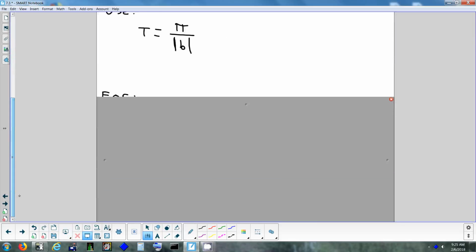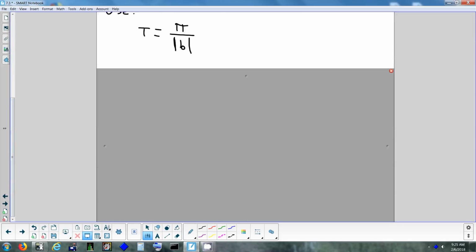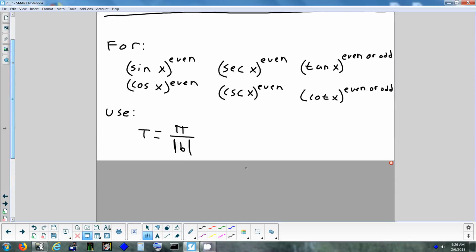And b is the coefficient of x. It's the number in front of x. In what I've written here, all the coefficients are 1s. So for any expression that fits the patterns up above, use the formula pi divided by b to find the period.